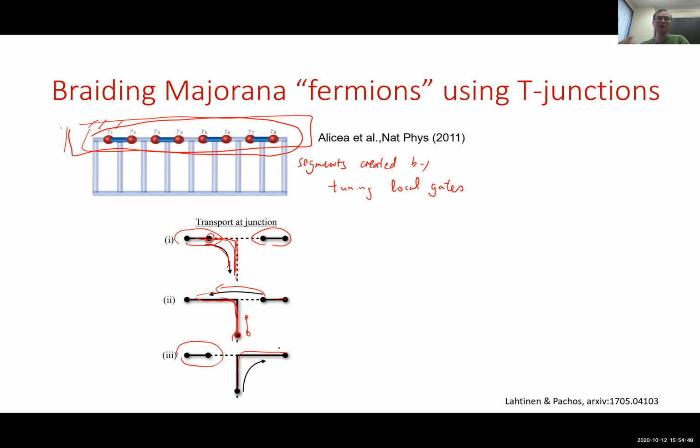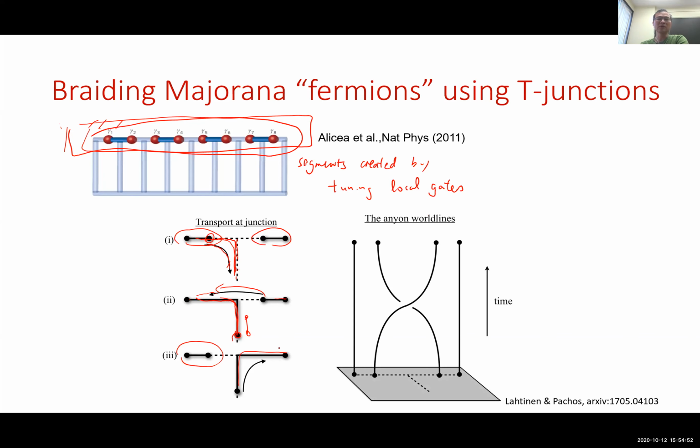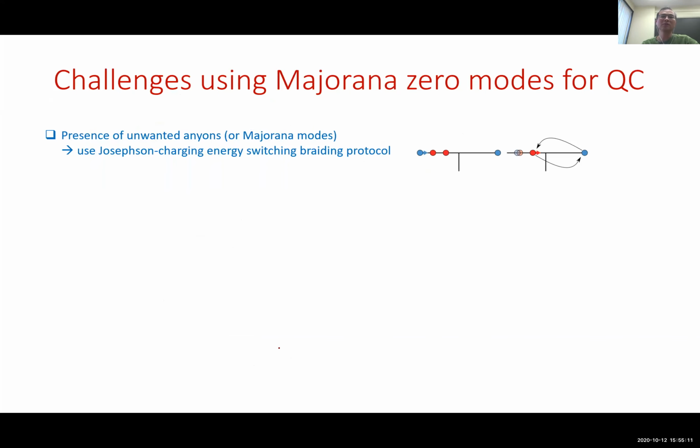So you can do the braiding. Okay, that's how it looks like. So this is how one may be able to do the braiding, even though the geometry is a one-dimensional chain, but you use an additional T-junction to do that.